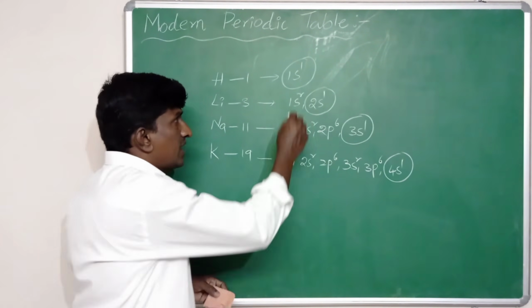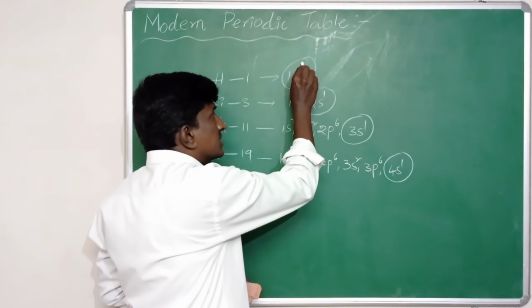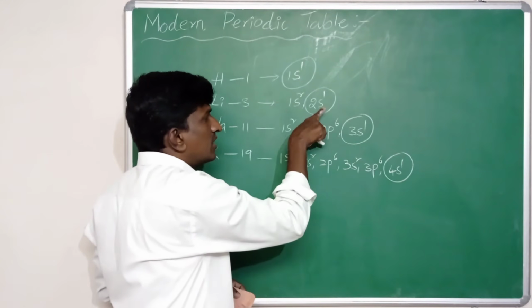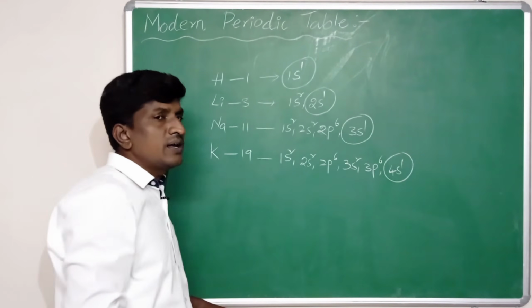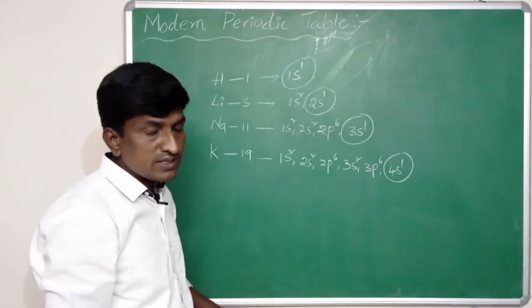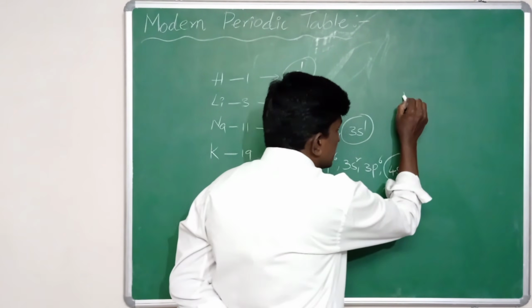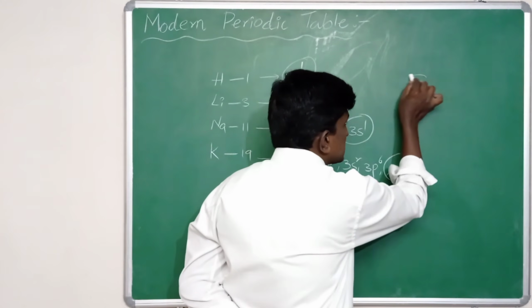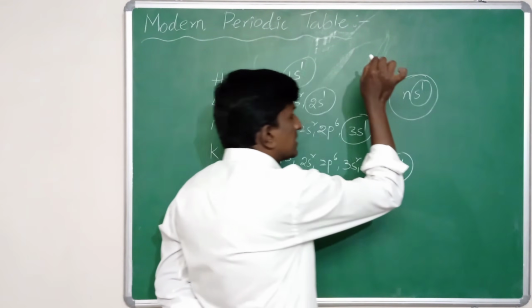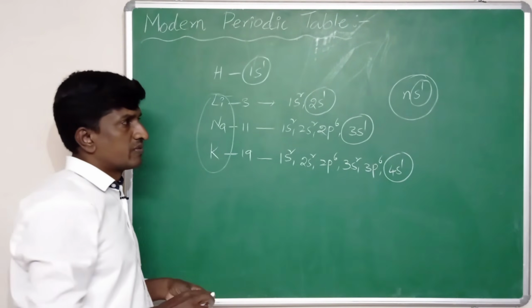So the outermost electronic configuration decides its group number. All these elements belong to the first group and they show similar properties, because they have the same electronic configuration.